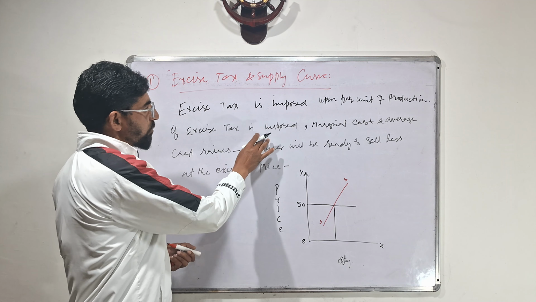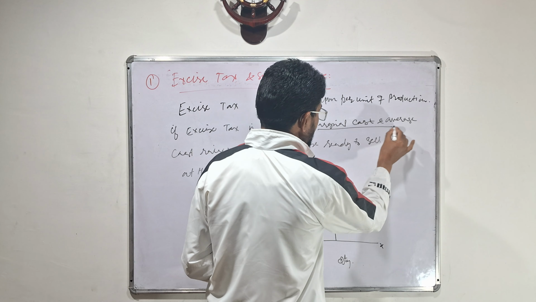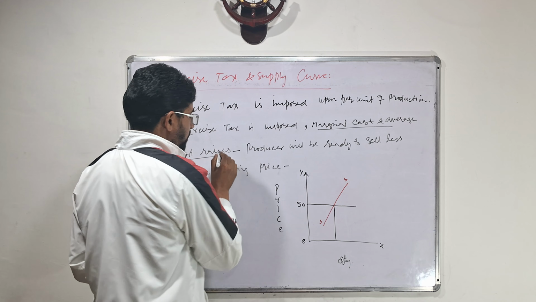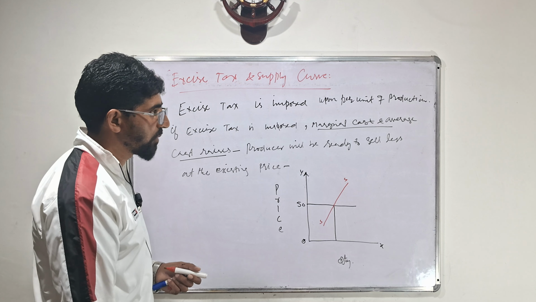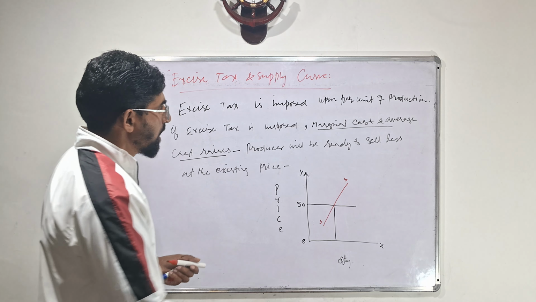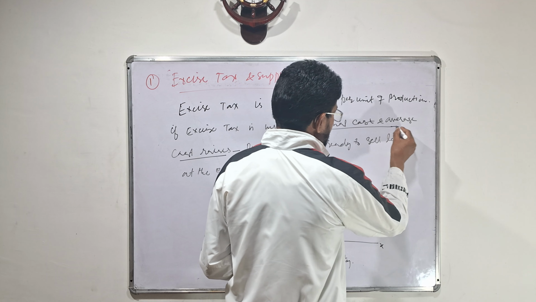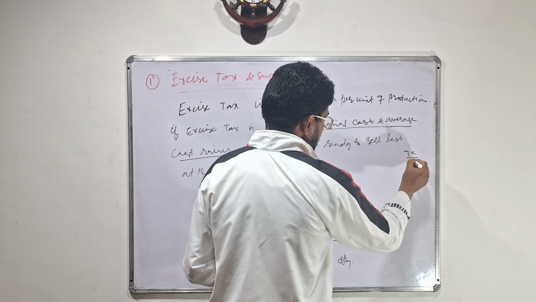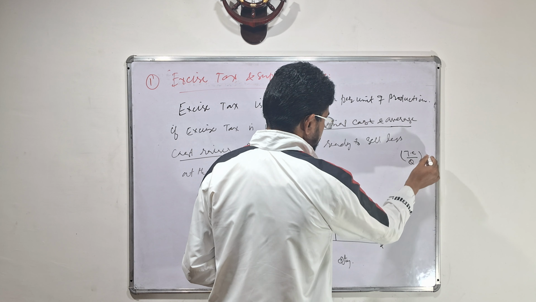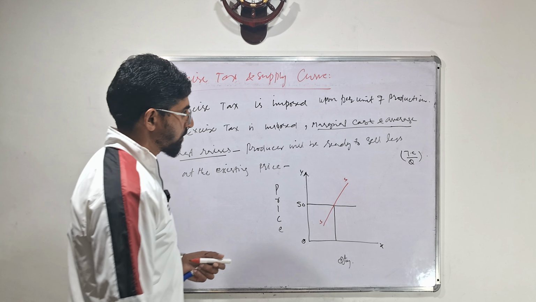Excise tax imposed will lead to a rise in marginal cost and average cost. Marginal cost, I told, is an additional cost which the producer has to bear to produce goods and services. Average cost is total cost divided by level of output.